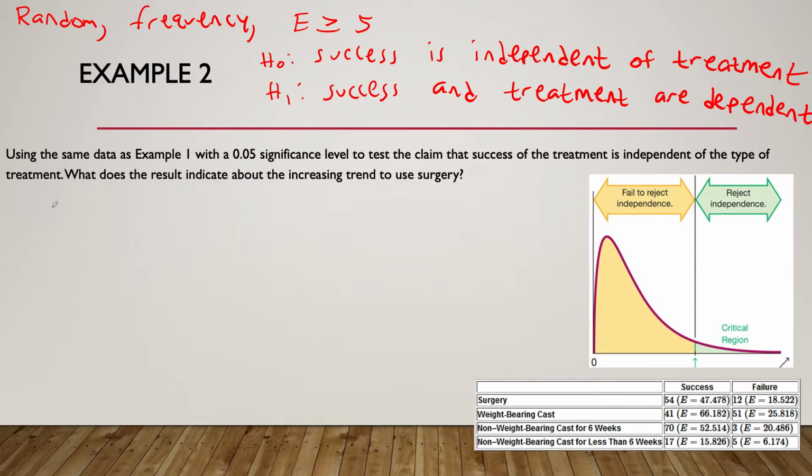The chi-squared value that we get for this will give us a value of 58.393 with a p-value less than 0.0001.